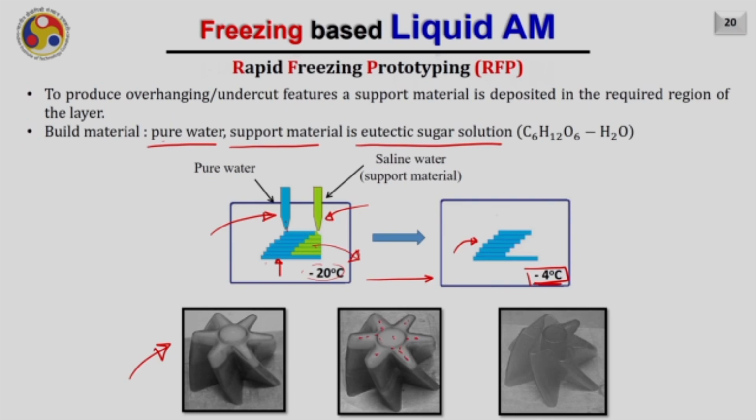This is the support material, nothing but water mixed with sugar. Assume that this is at -20 degrees centigrade, and if I increase the temperature and bring it back to -4 degrees centigrade, the support material just washes away and you have your final product in solid form.